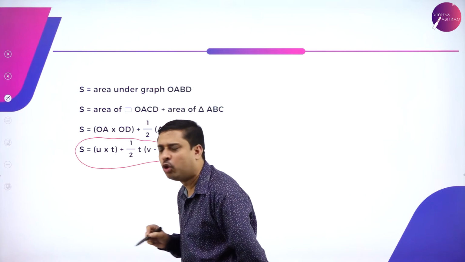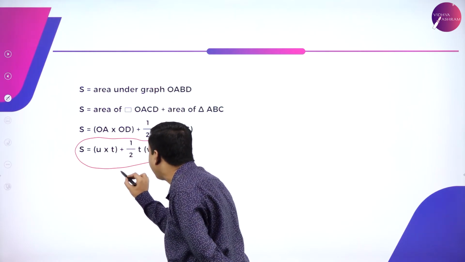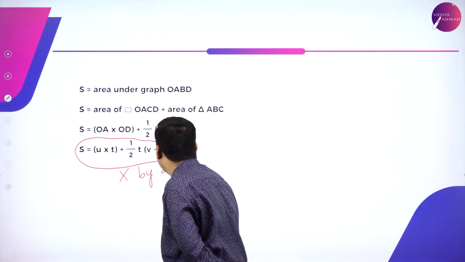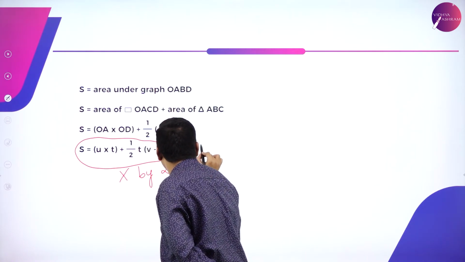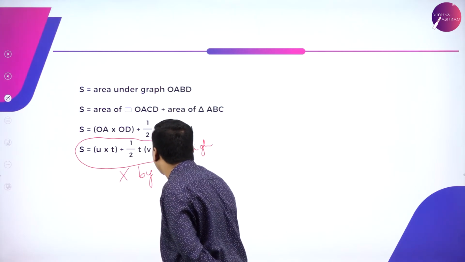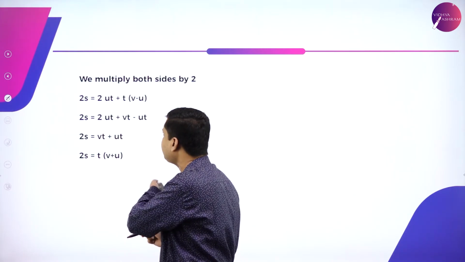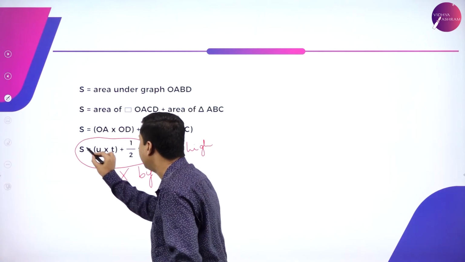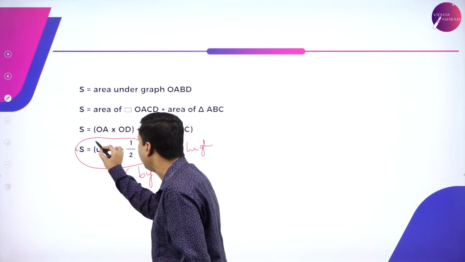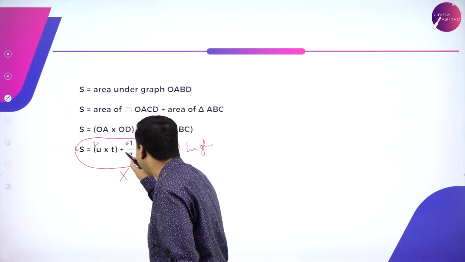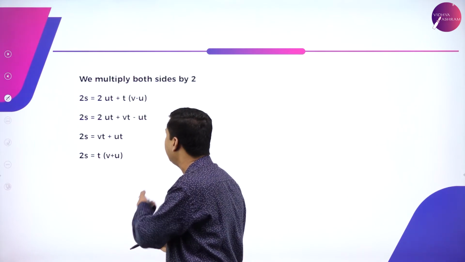So throughout this equation, multiply by 2. Whatever equation I have highlighted, multiply that equation by 2. So you have 2S equals 2UT, the 2 and 2 get cancelled.